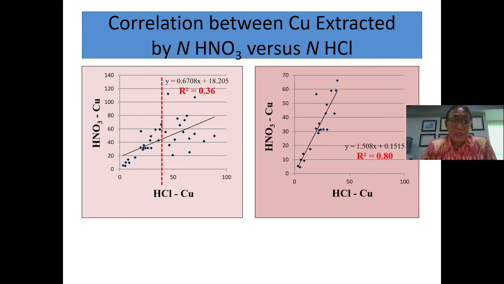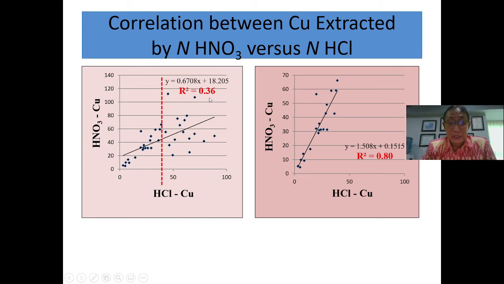For example, here we have nitric acid and hydrochloric acid were well correlated with high correlation coefficient. But if we narrow the concentration range until only this red line, then the correlation coefficient was higher.